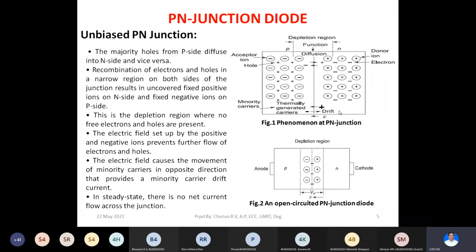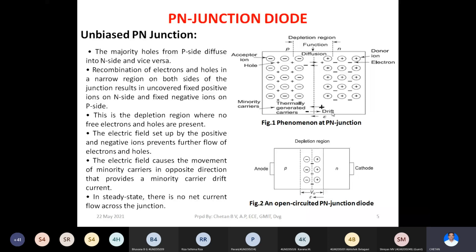This place is called a depletion region, as it is depleted of charge carriers, and this depletion region will produce an electric field.